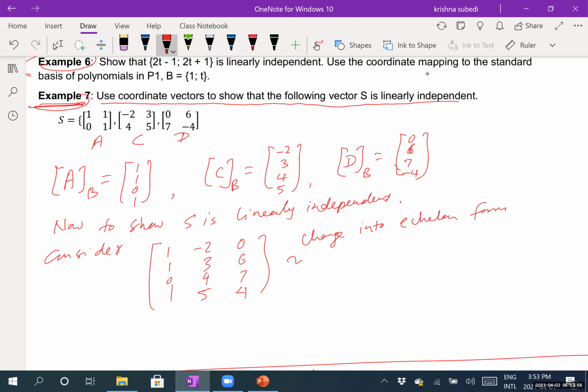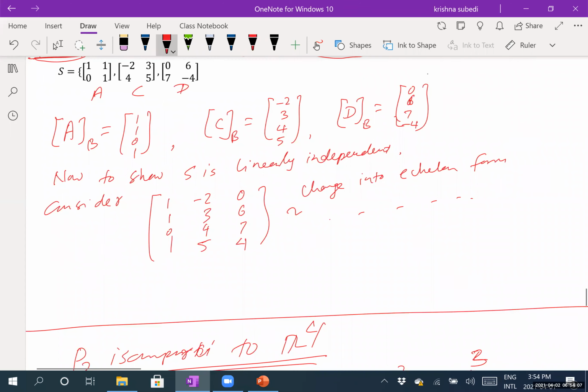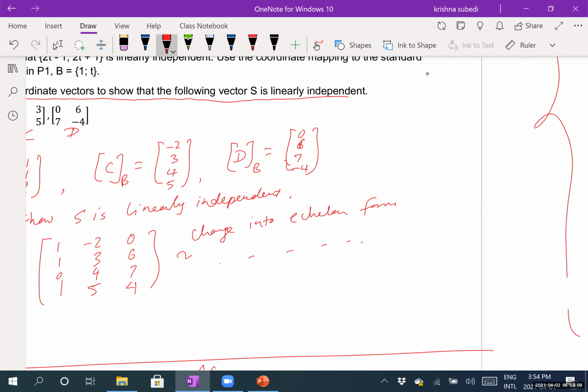I trust that you will be able to change it into echelon form, and your echelon form will be something like 1, 0, 0, 0, negative 2, 1, 0, 0, 0, negative 1, 0, 0.